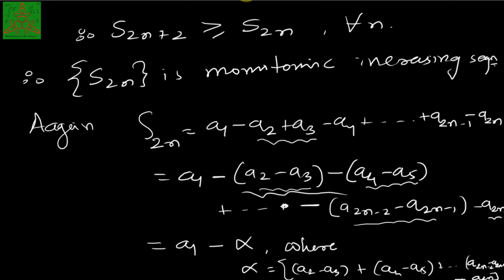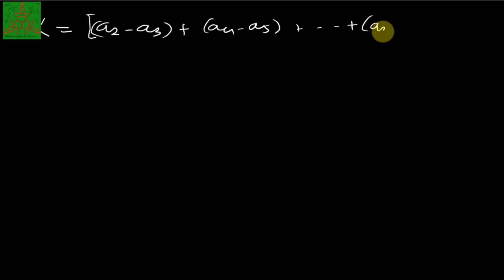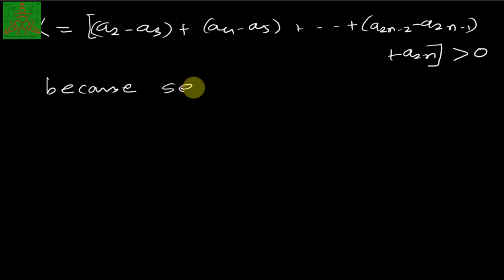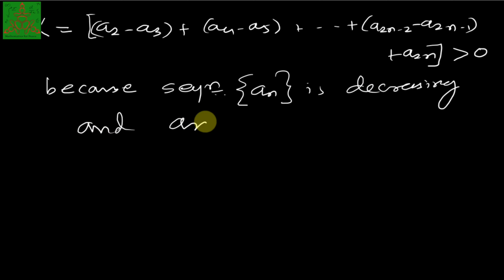And we note that this alpha, a2 minus a3 plus a4 minus a5, and so on, up to a_(2n-2) minus a_(2n-1) plus a_(2n), is positive, because the sequence an is decreasing and each an is positive for every n.